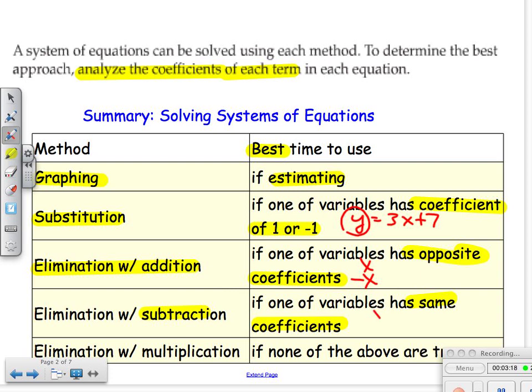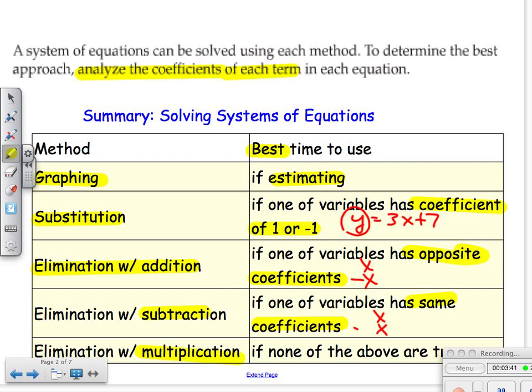So if you had x and x with the same coefficients, then you'd subtract the whole equation. Although we usually talked about just switching that to multiplying by -1 all the way across. And finally, we use elimination with multiplication.